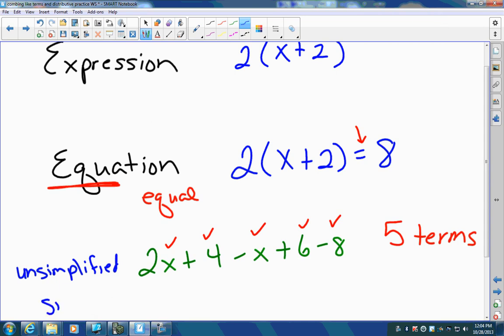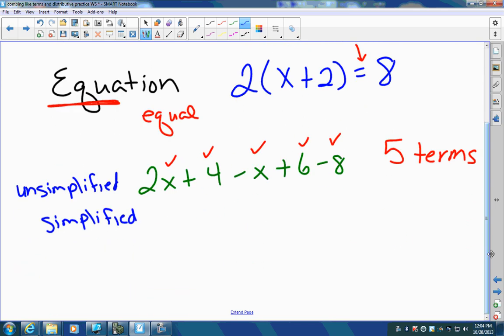Then for the simplified, we're going to put together, in this case, our x's and our units. We'll talk more about it too, but we're going to put together 2 minus 1x. 2 minus 1 is 1x.